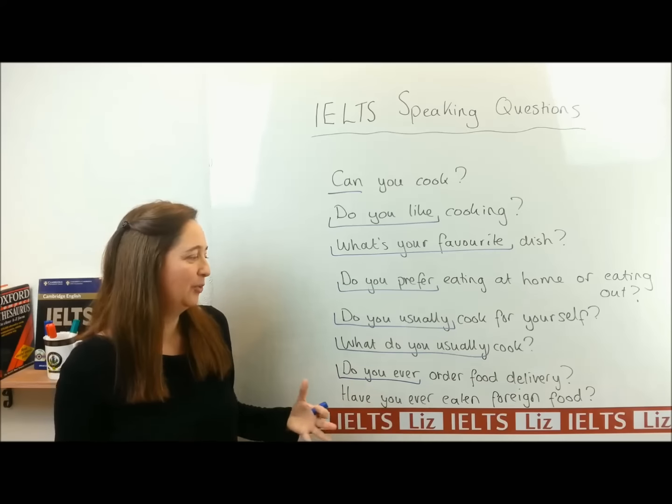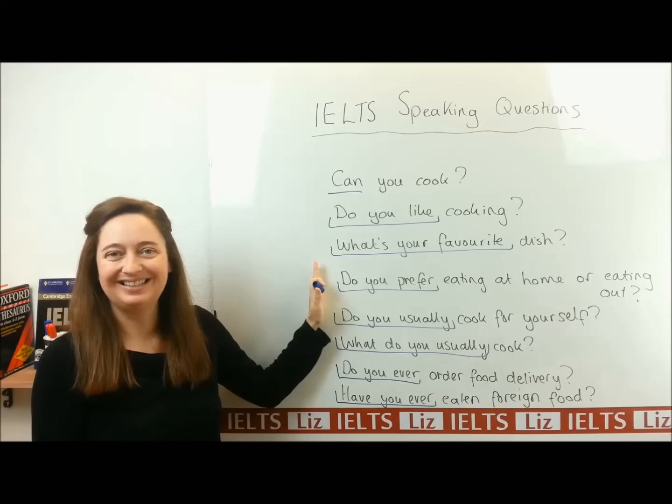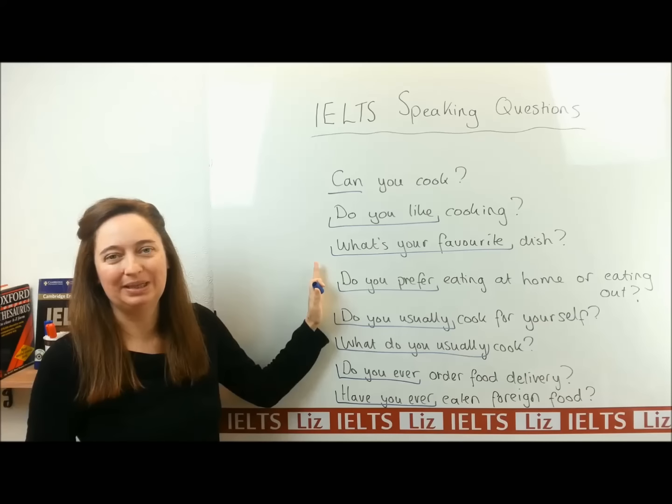So that means we're looking at what you've done in the past. So have you ever eaten any food from a foreign country? And you can say yes, and you can explain when or what kind of food it was. So again, very common questions you can get in almost any topic.